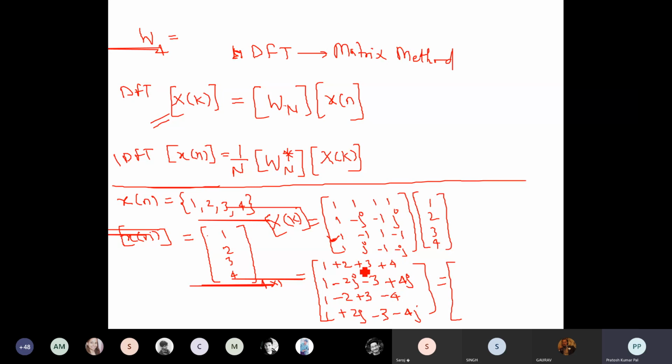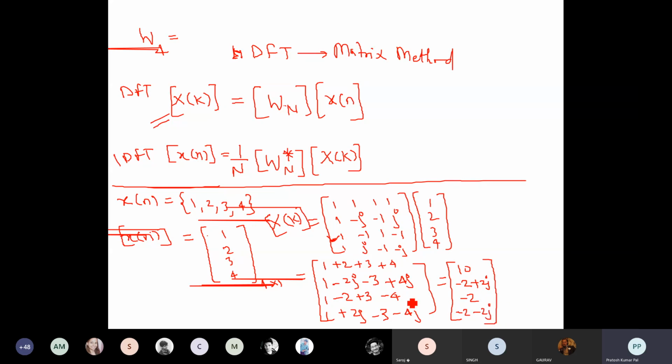After calculation we will be getting this one will be 10, and this will be minus 2 plus 2j, and the next one will be minus 2, and then this one will be minus 2 minus 2j.